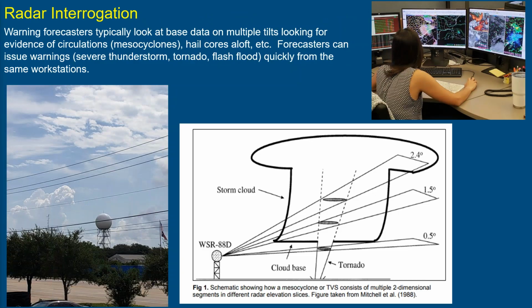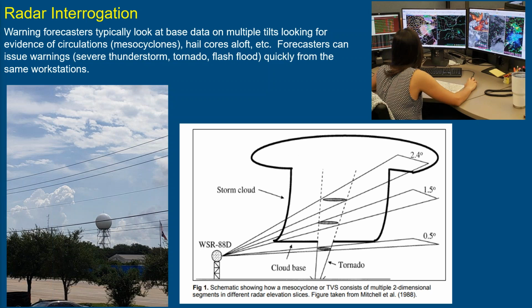So what is the forecaster doing with all this data? Looking at multiple tilts, sometimes in the form of multiple panels or vertical cross sections. We're looking for things like circulations or mesocyclones, which may imply supercell storms and tornadoes.